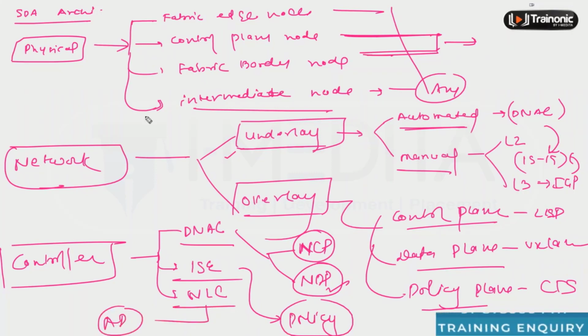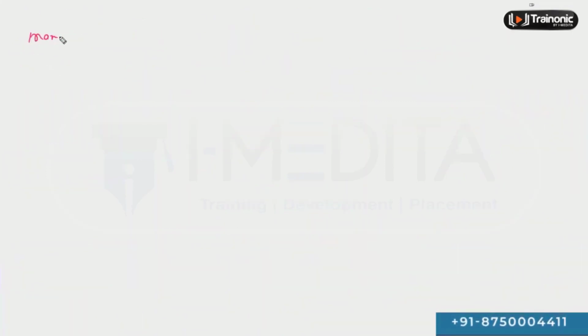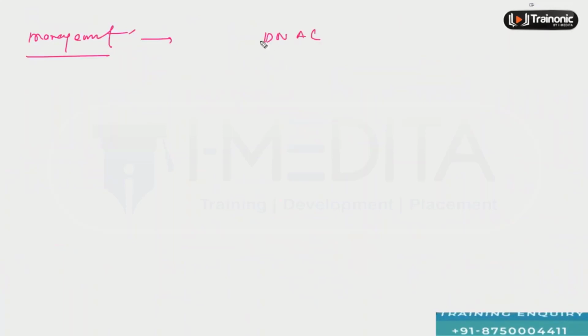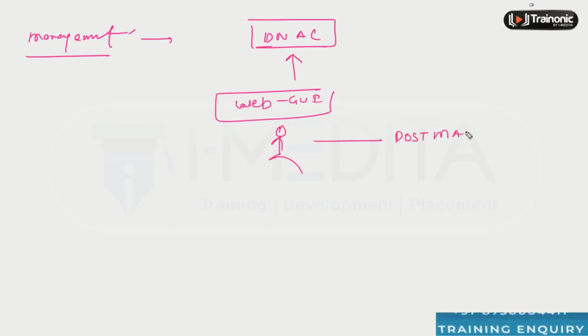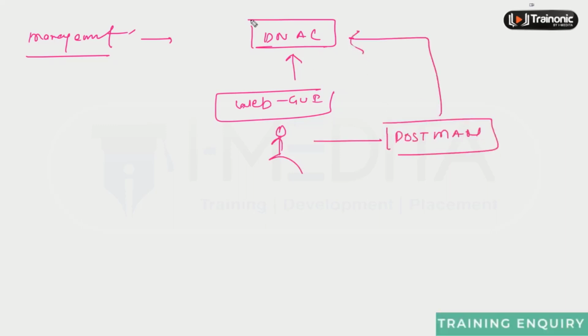And finally, the management layer. The management layer deals with how that DNAC is being managed. Are we using the web-based GUI to access the DNAC, or are we using some third-party automation tools such as Postman and exposing those APIs to push the instructions to the DNAC?